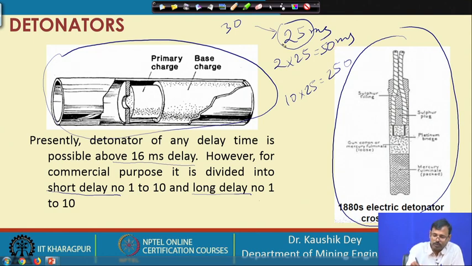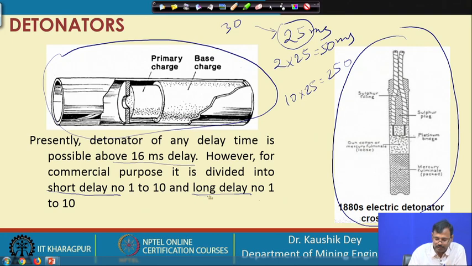So, the 25 to 250 millisecond, 1 to 10 delay numbers are commercially available with the manufacturer. If anyone wishes to have any delay between these, he has to place a special order with the manufacturer. The manufacturer has the technology to manufacture that prototype delay detonator.